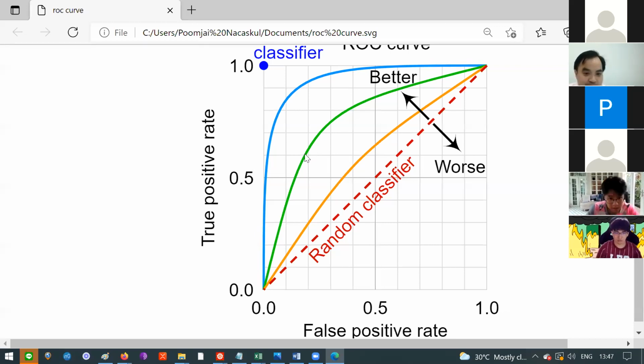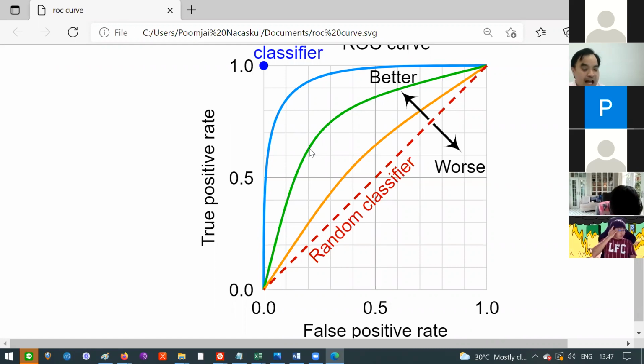This model would have 0.6 or 60% true positive, so of all the positives, you get 60% of them. That's pretty good. And false positive is 20%, so of the people who don't have cancer, one fifth of them get a false alarm.